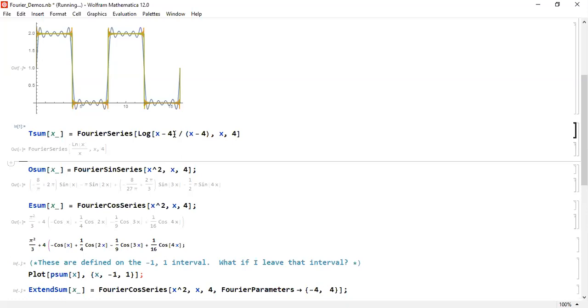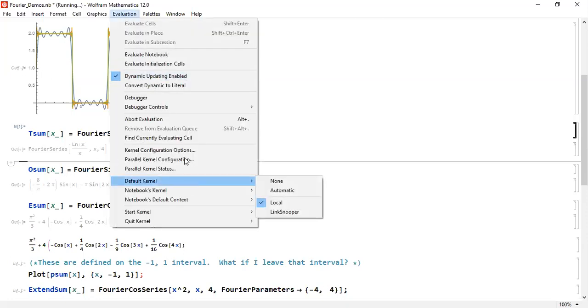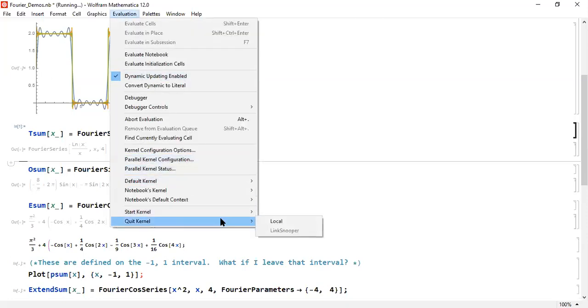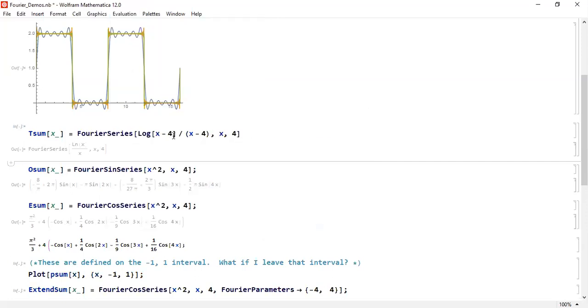One of the three conditions we'll put on this is that the function needs to be absolutely integrable. Here we've got a blow up at 4, and here we've got a blow up at 4 as well. So definite issue. Excellent example, and we found one of the things that Fourier series will not do.